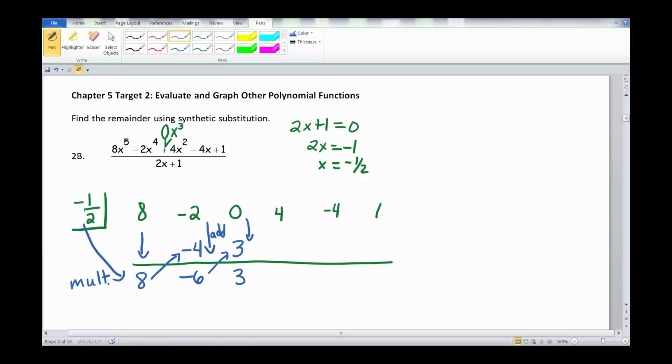Multiplying negative 1/2 times positive 3 gives us negative 3/2. Add going down. That'll come out to be 2 1/2. If you wanted, you could convert that to an improper fraction, so that would come out to be 5/2.